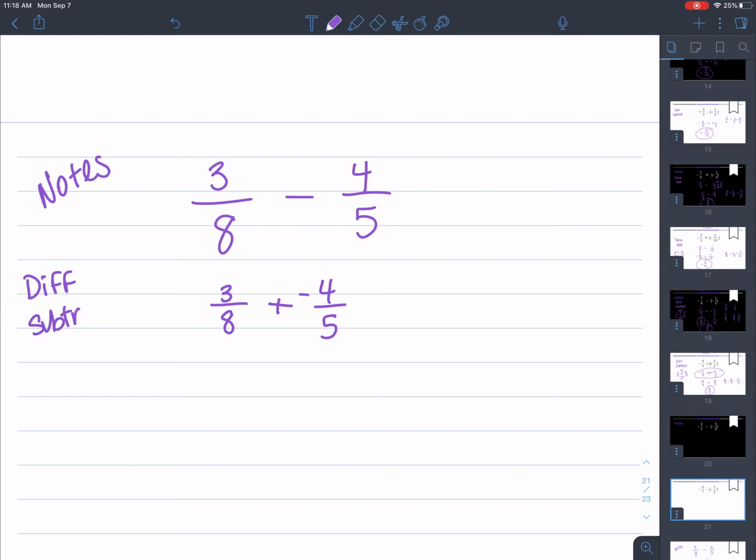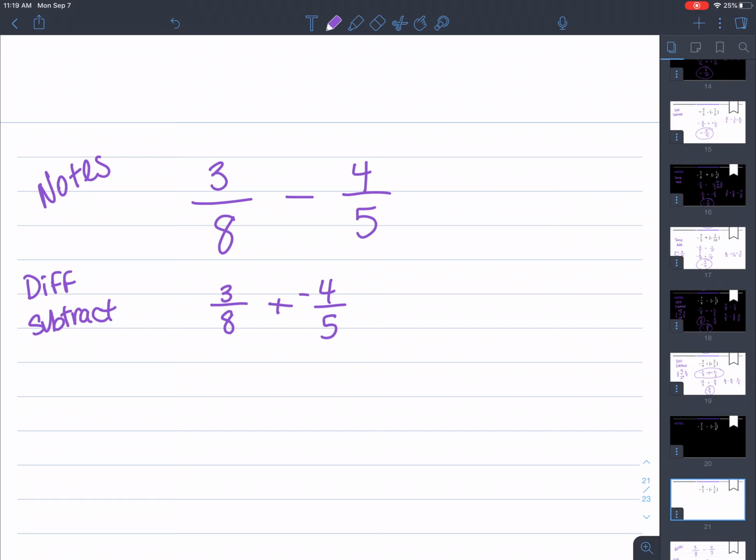We also hopefully have noticed that we do not have common denominators, 8 and 5. There are lots of ways to go about this, but I am going to think of a number that both of these have in common, because I cannot just turn 4/5 into 8ths, because 5 doesn't multiply to get 8 in any way.